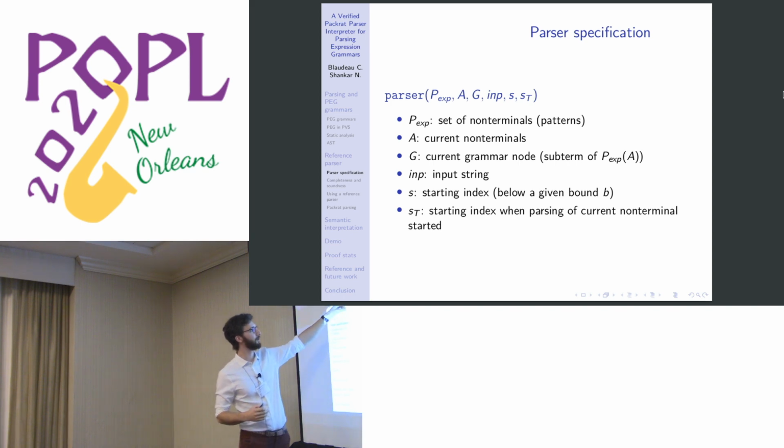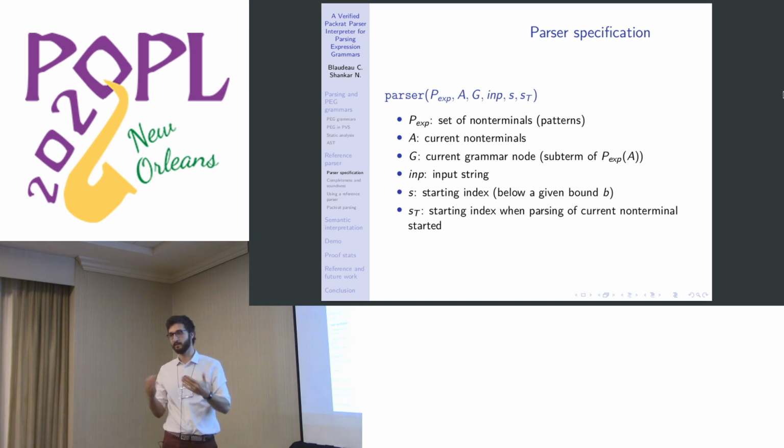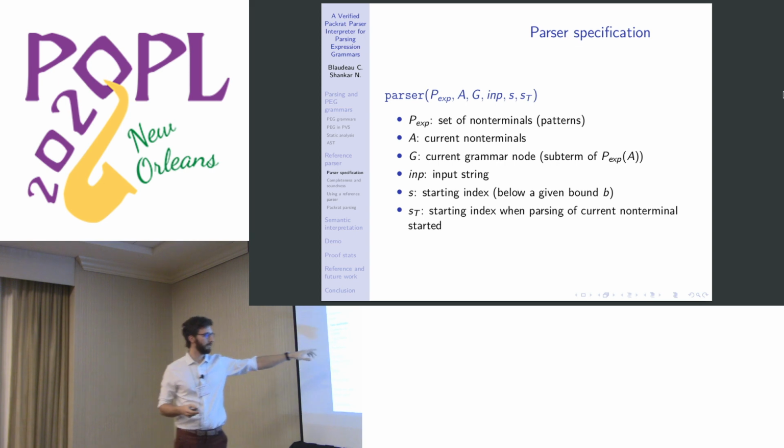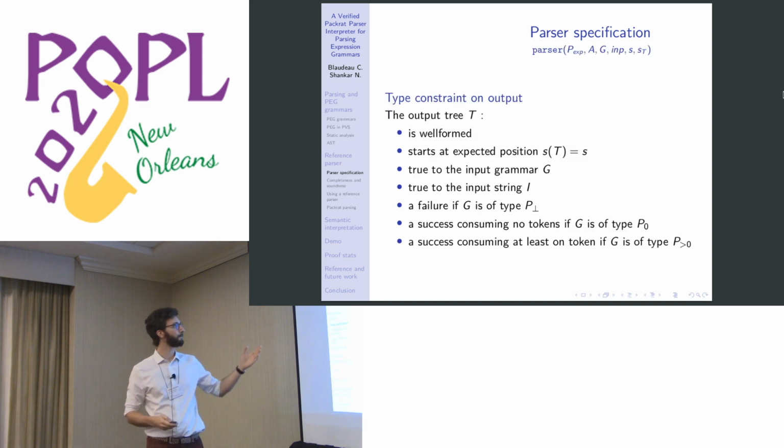Then the current non-terminal you're looking for, the current grammar node inside the non-terminal that you are actually parsing, the input string that never changes, the starting index, and then this technical thing, the starting index from when you started to parse the current non-terminal.